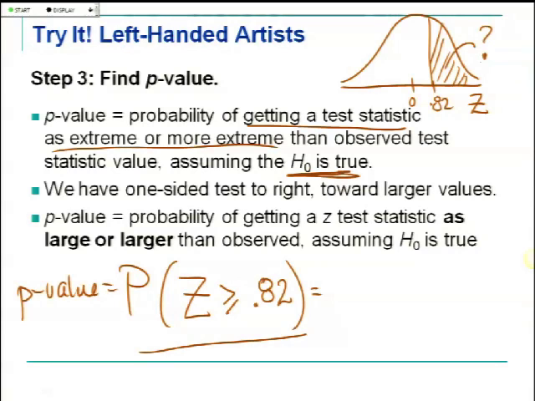So if you look up the 0.82, that answer that you get will not be your final answer. You'll have to do the complement. I'll need to do 1 minus whatever that value was, which was 0.7939 from table A1, which gives me a p-value of 0.2061.